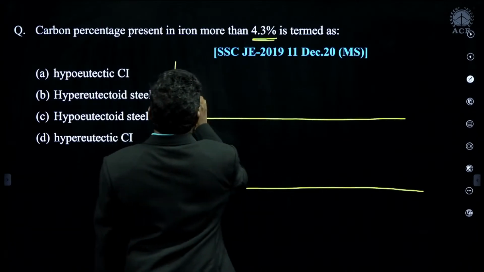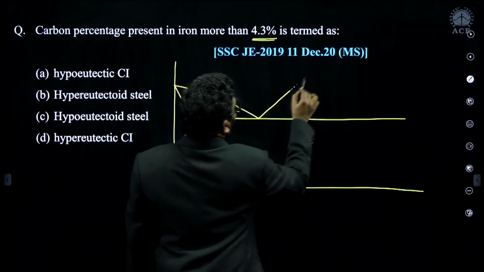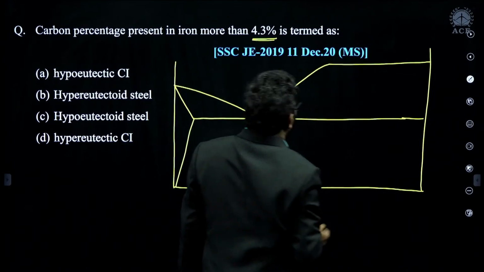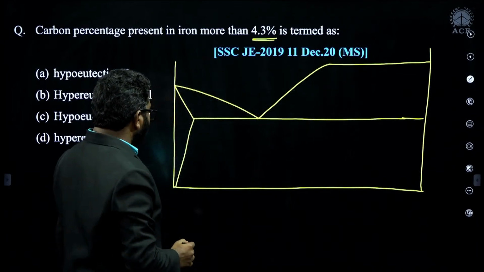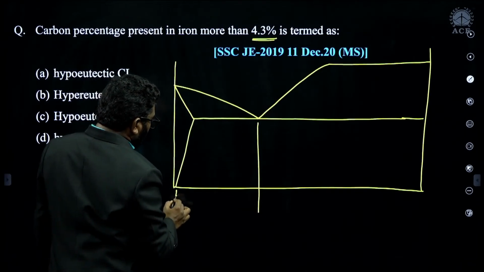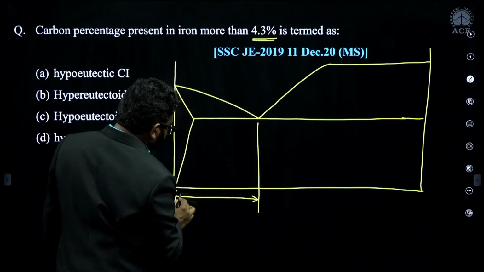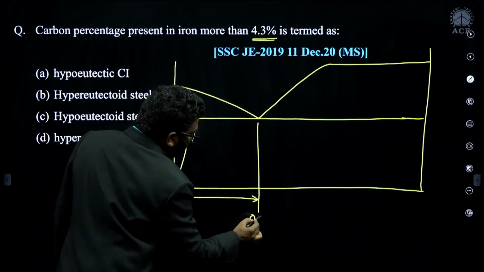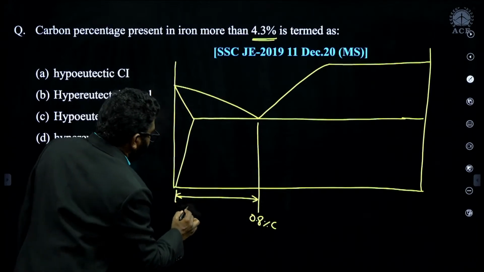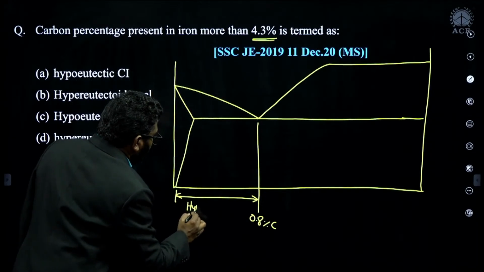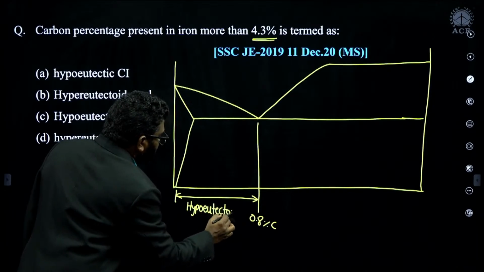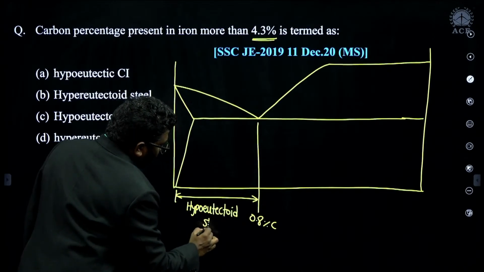Now see here. Suppose this is a partially drawn iron cementite phase diagram. Up to 0.8% of carbon, this is known as hypoeutectoid steel.